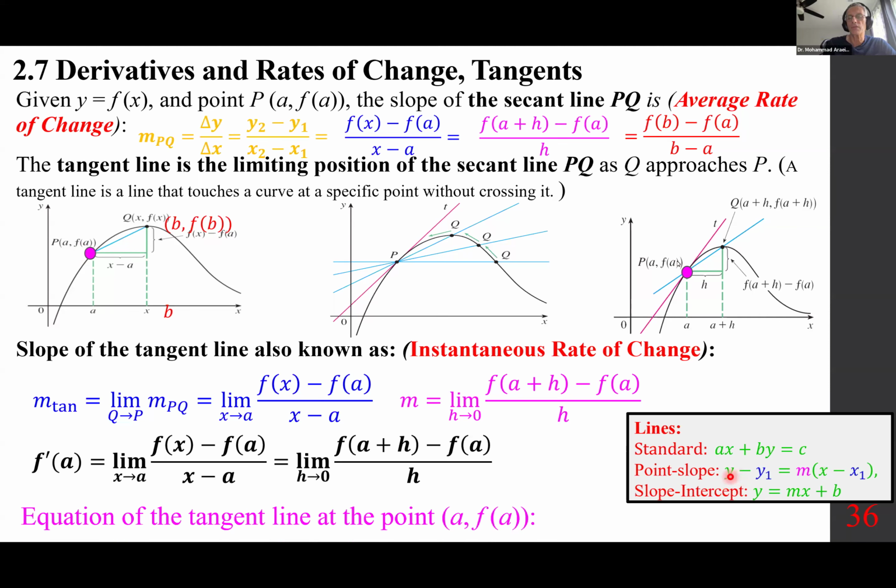That means y minus f of a equals m, which is f prime of a, the derivative at a specific point a, which becomes the slope of the tangent line, times x minus a. In other words, you don't have to memorize that. Just follow the point slope.